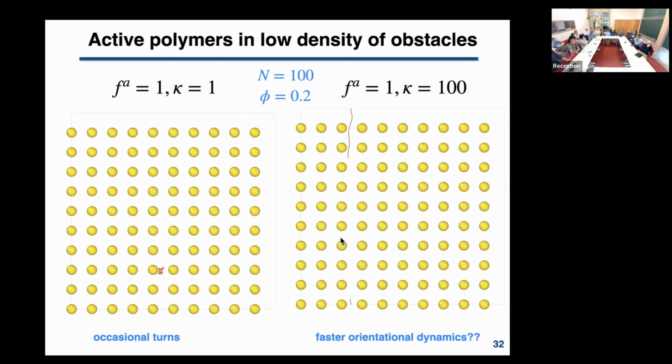So I guess what you're saying is that if it's a stiff chain, then it's easier for it to go straight as opposed to a flexible chain. Not in this case.